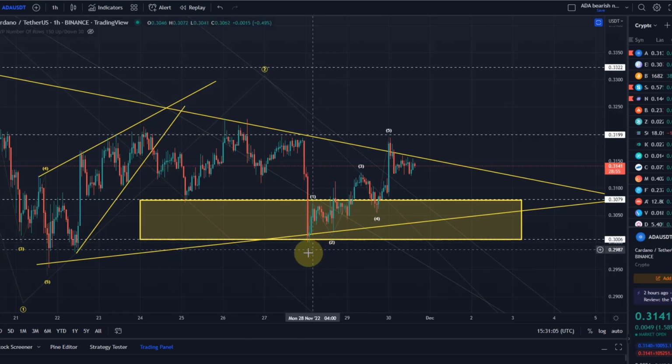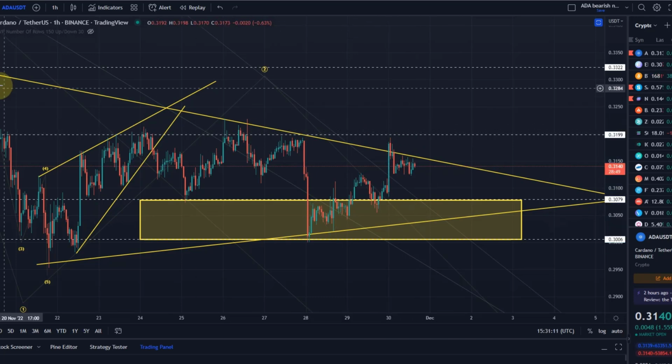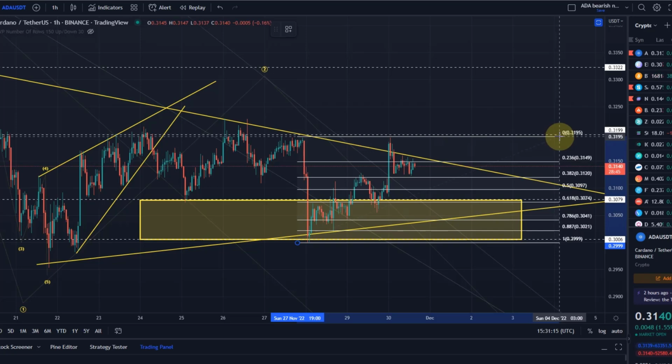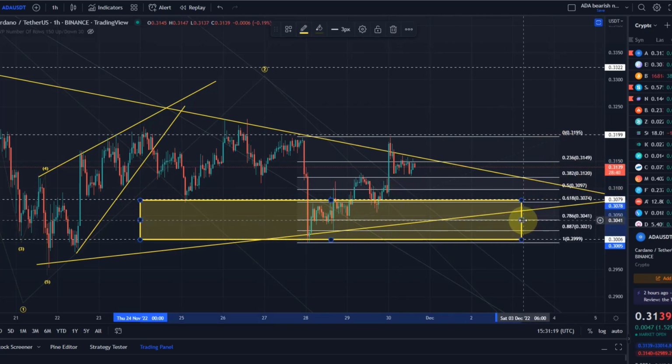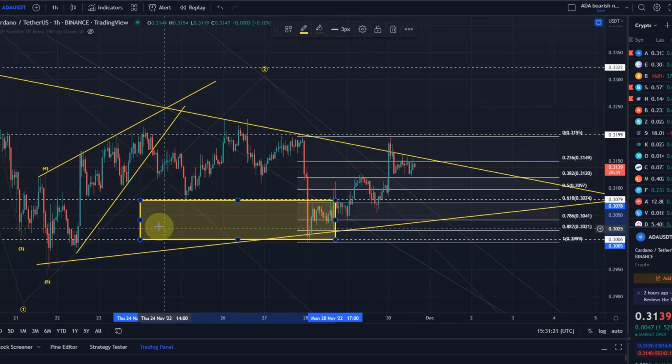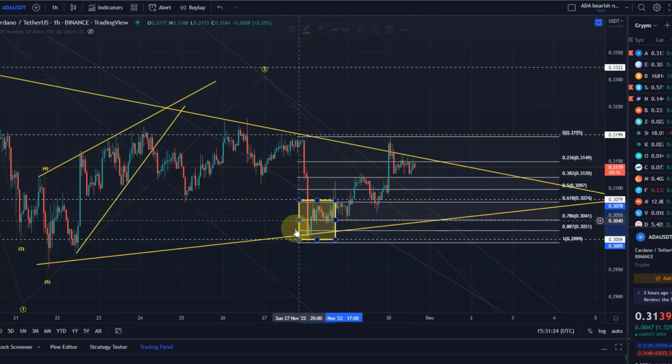Maybe one last thing: if we assume this might be a bullish breakout pattern, what would be the key support? I don't want to release you without telling you that as well. For this particular case, in terms of a bullish count, the key support area would be between 31 and 30.4 cents.